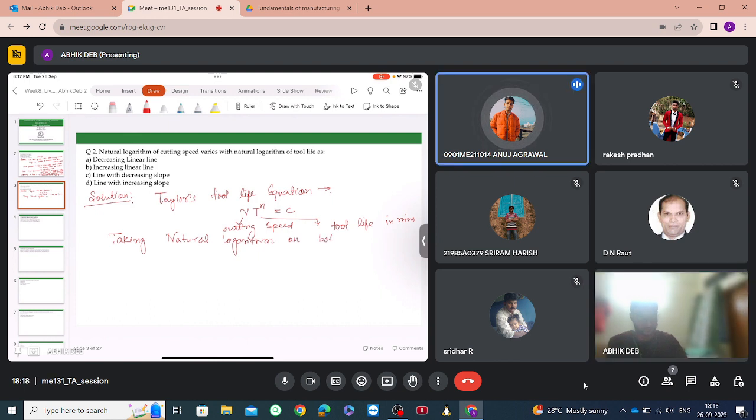The base e is called the natural logarithm. So that is ln we will take.